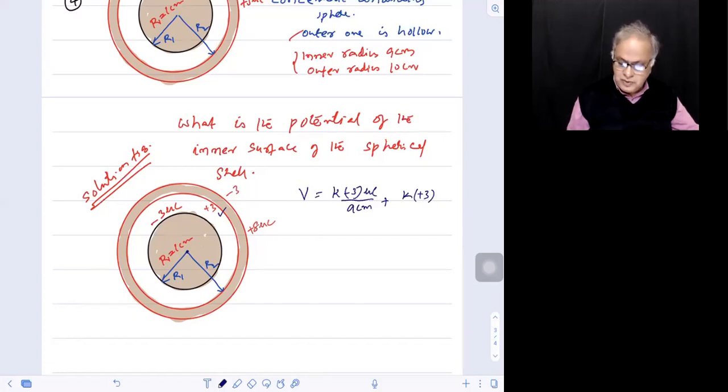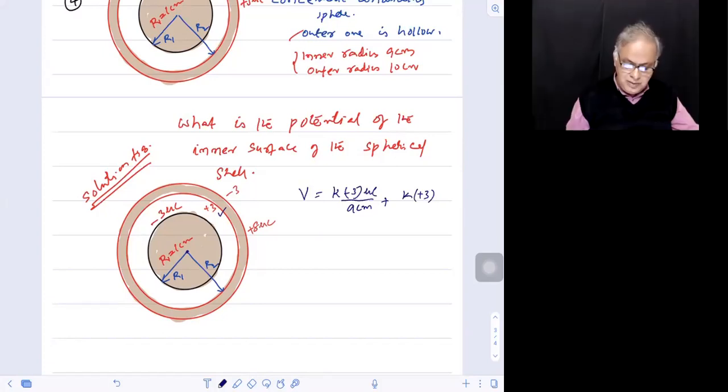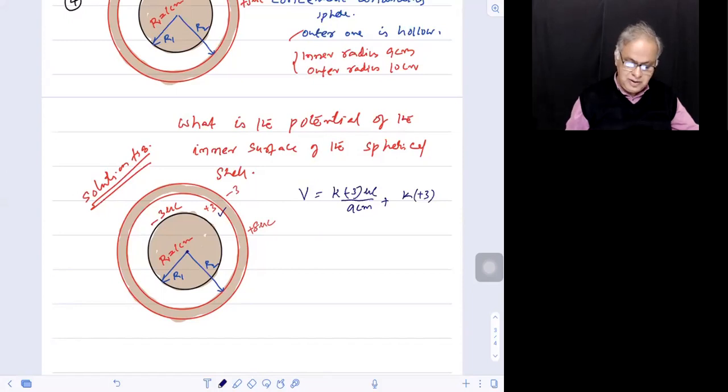So I'll write it. K into plus 3 microcoulombs by what? 9. 9 itself, right? Plus due to the outer shell, K into plus 8 by 10. Plus 8 I should take or -3 I should take? So should I remove that previous -3? The individual charges when I take, plus 8 or that one I should write.